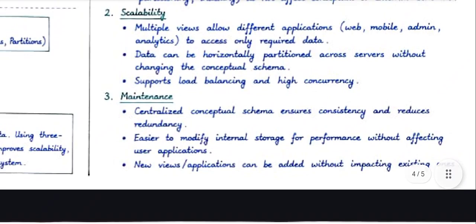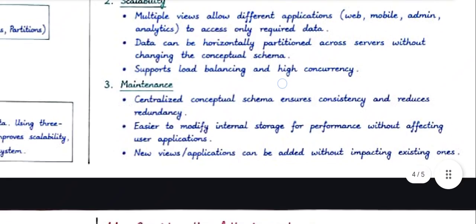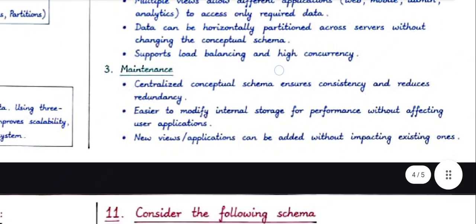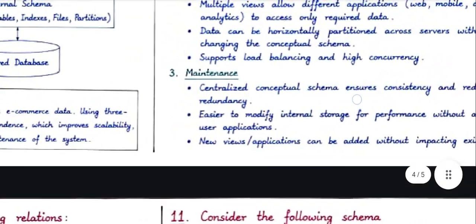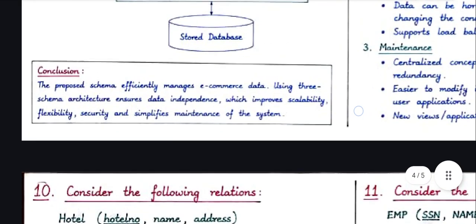Maintenance: centralized conceptual schema ensures consistency and reduces redundancy. Easier to modify internal storage for performance without affecting user applications. New views and applications can be added without impacting the existing ones.